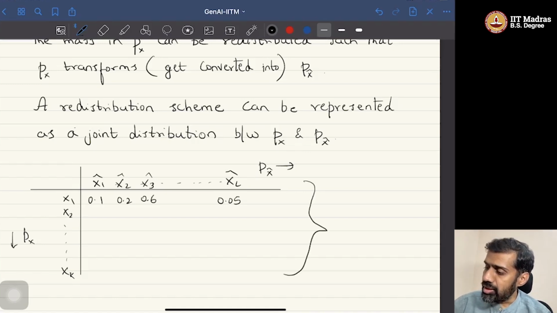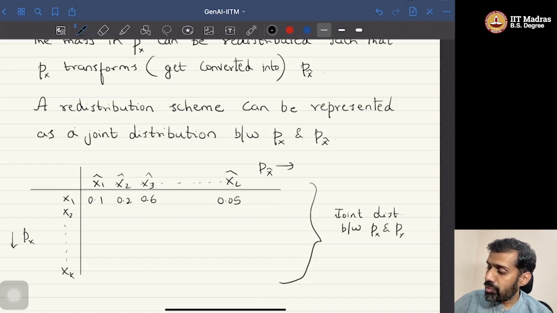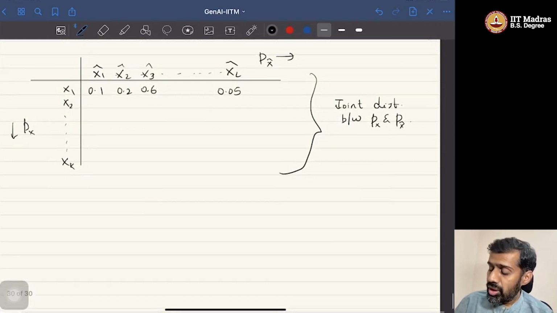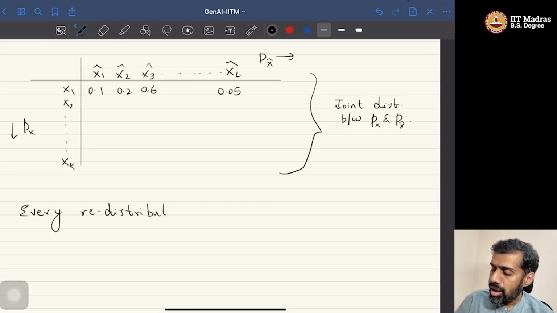This table is nothing but a joint distribution between P_X and P_X cap. Every redistribution scheme can be represented as a joint distribution. So every redistribution scheme is a joint distribution.